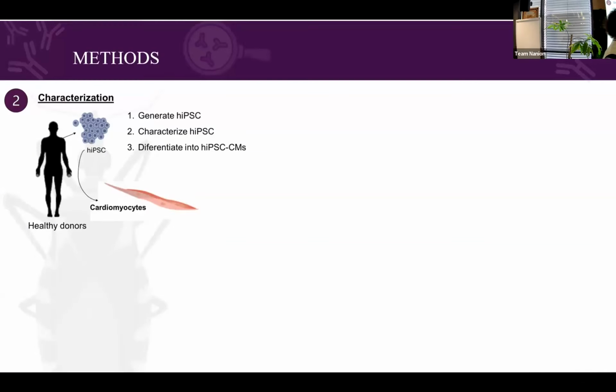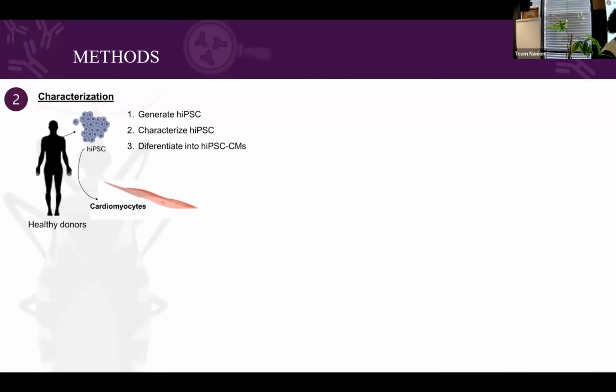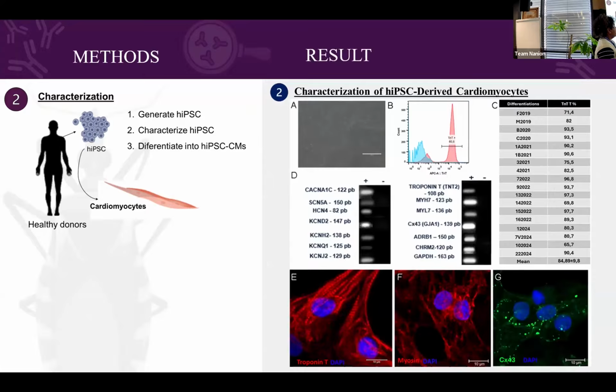The first thing I need is a human cardiac cell. So I use iPS cells from a healthy donor, someone without any disease. I generated these iPS cells, which I already characterized and is public data, and then I differentiate them into cardiomyocytes. The first thing I check is the expression of troponin.